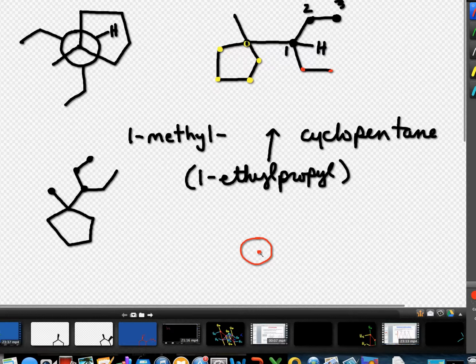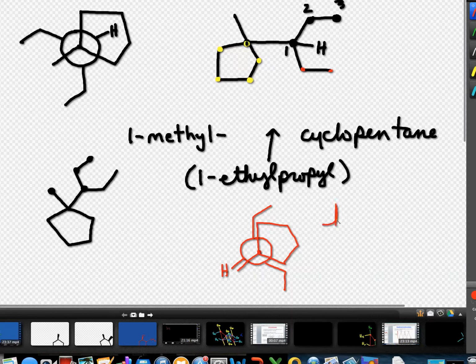And I'm just going to keep the front carbon steady on this one. And if you use just a little bit of logic, you should realize fairly quickly that when the ethyl groups eclipse the cyclopentyl ring, it's going to be most unstable.